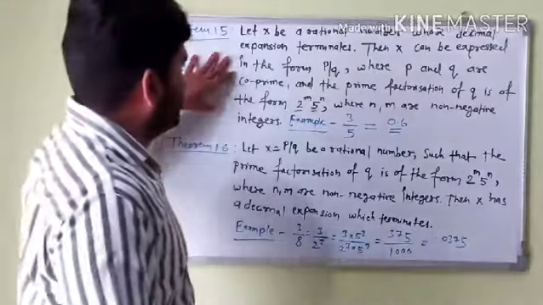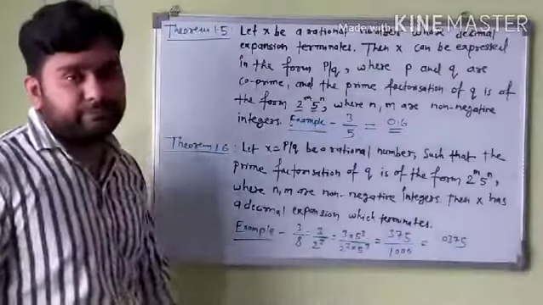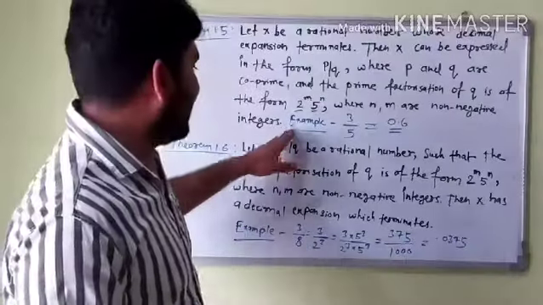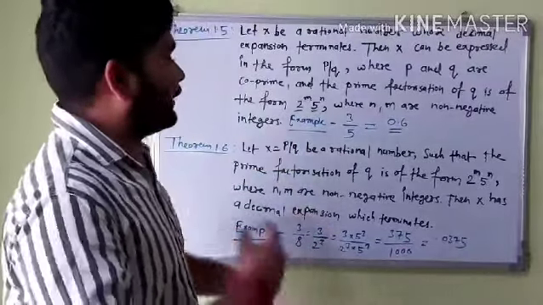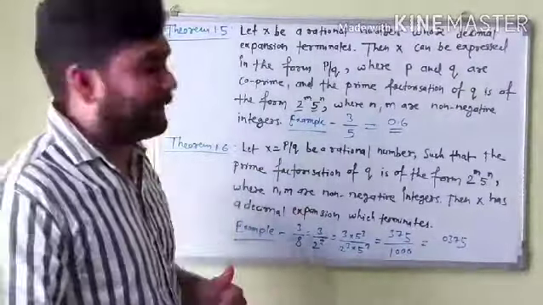Then it is a rational number which has a completely terminating decimal expansion.